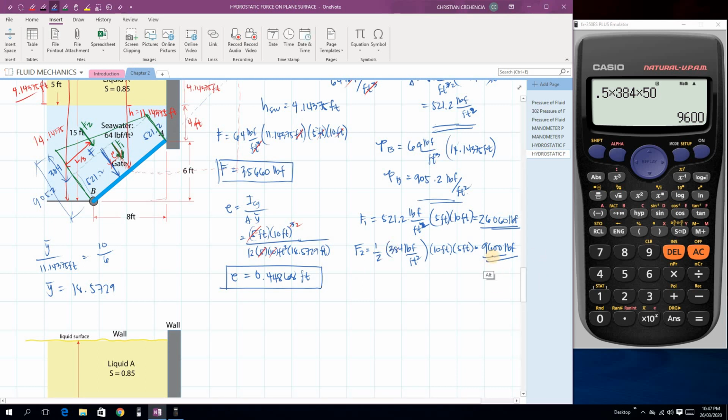So kapag in-add natin to, so 9,600 plus 26060. Okay, so makakuha natin pa rin yung 35,660 pound force. So same lang nung nakuha natin kanina. Okay?